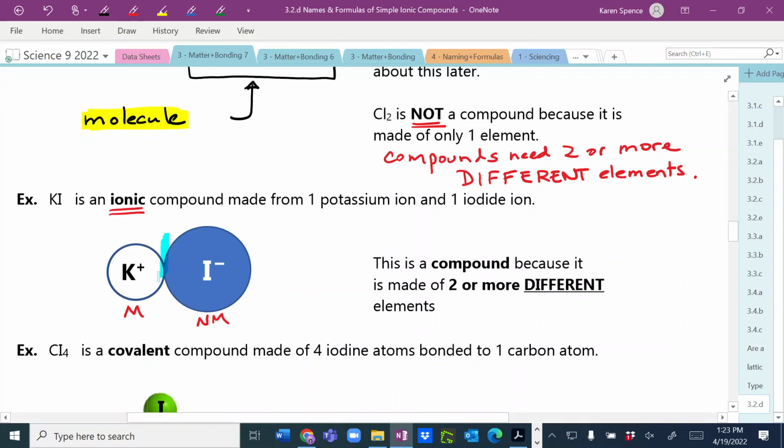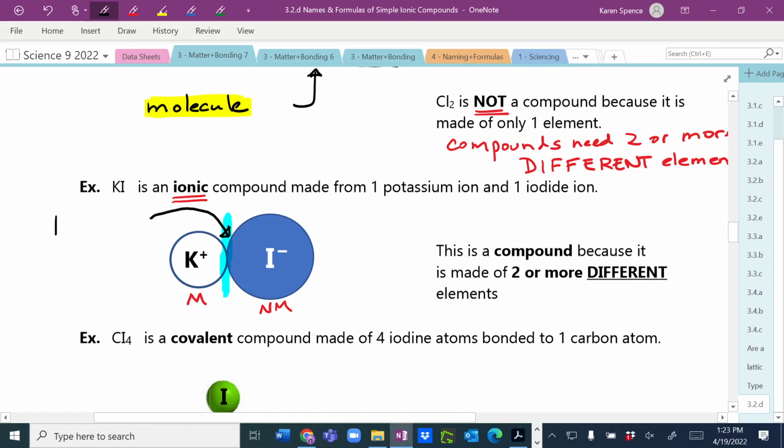What kind of a bond do we have between these two? That is an ionic bond. And what do we call this entire structure?